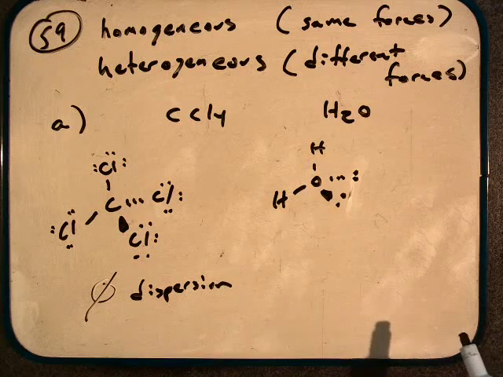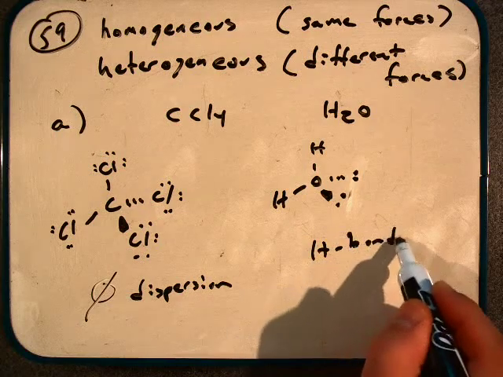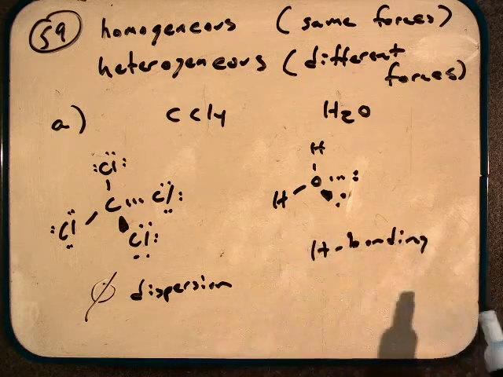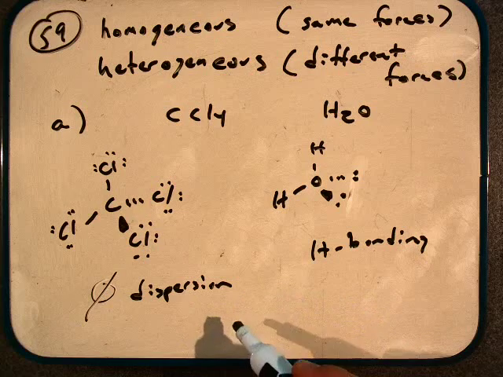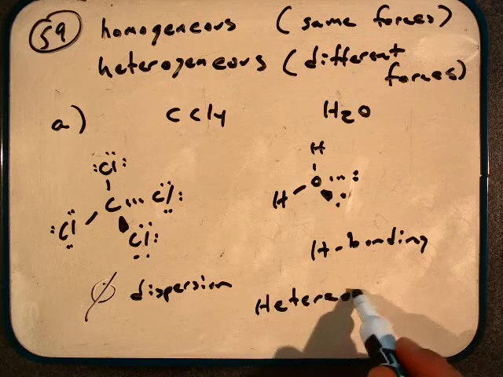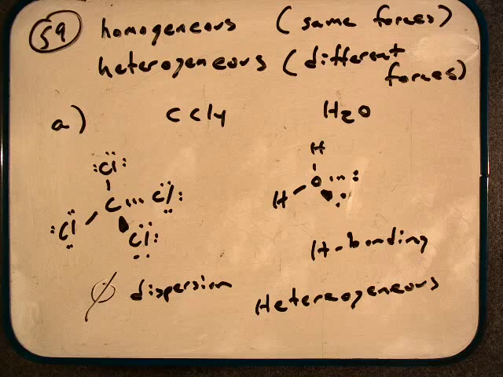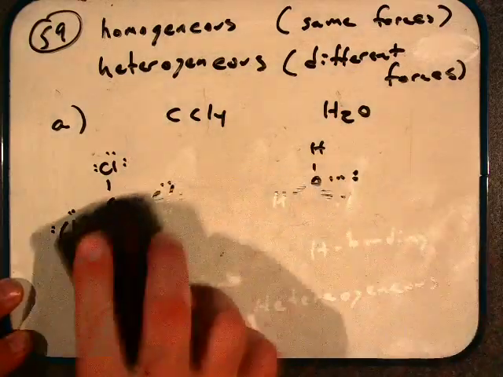With water, our best example of hydrogen bonding, we see a drastic difference in our forces, and so that's why we would get a heterogeneous solution. We would not get mixing of these two molecules because of their drastic difference in their forces of attraction.